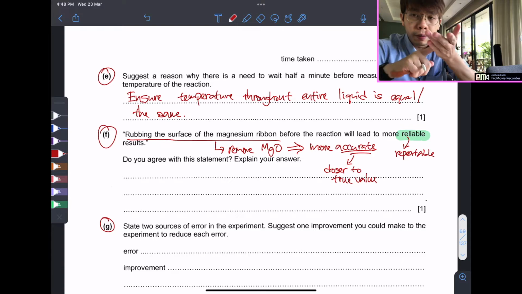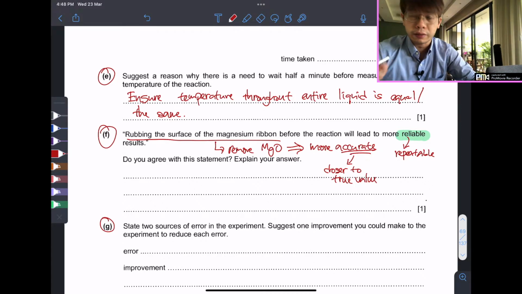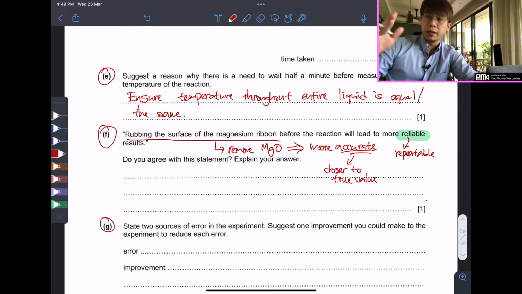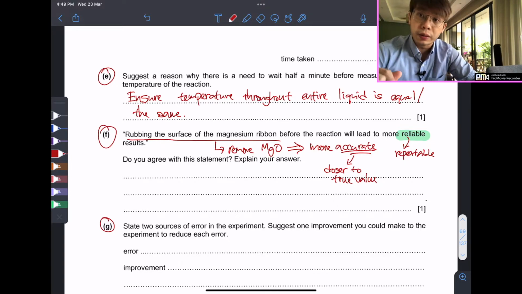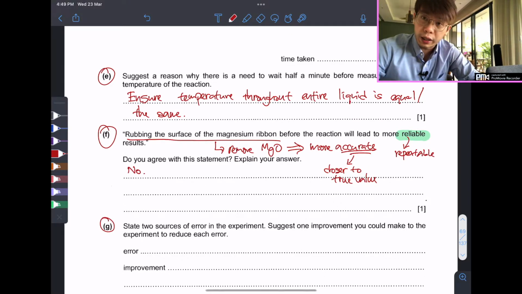The second time you rub, but you didn't rub as well, and then the third time you rub, you maybe rub differently. So every time, what we are doing here is introducing another variable, and therefore it makes it less reliable or less repeatable. Less times that you can repeat and get the exact same results. So I would say that no, it doesn't become more reliable.